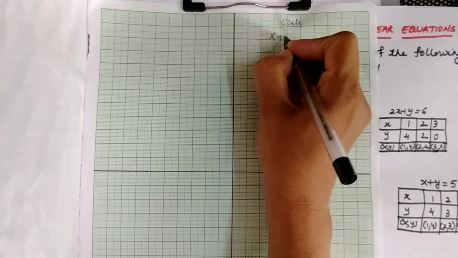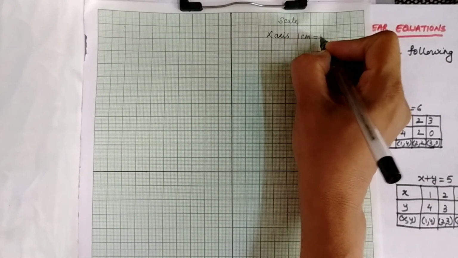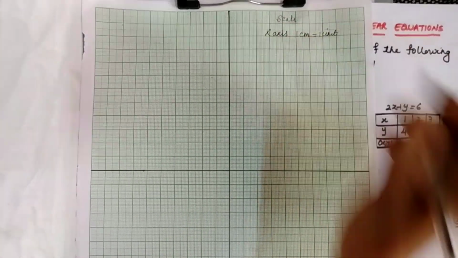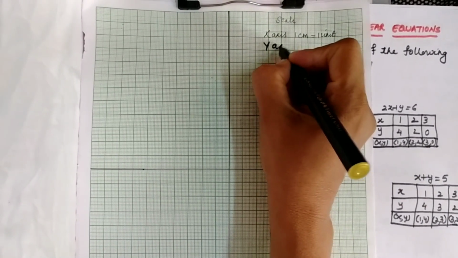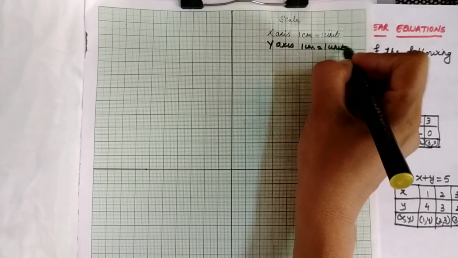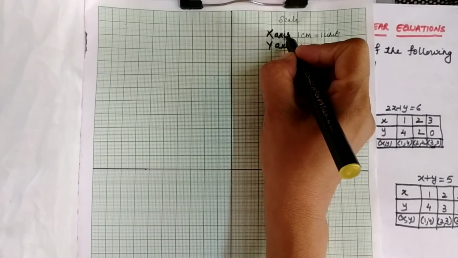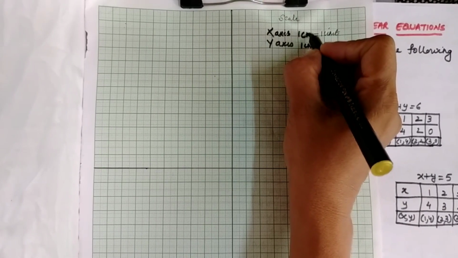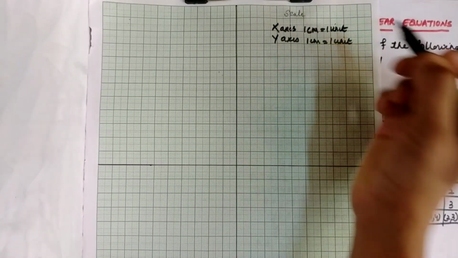X-axis, 1 centimeter equal to 1 unit. That is y-axis is also 1 centimeter equal to 1 unit. Scale is x-axis 1 centimeter is 1 unit and y-axis is 1 centimeter is 1 unit.